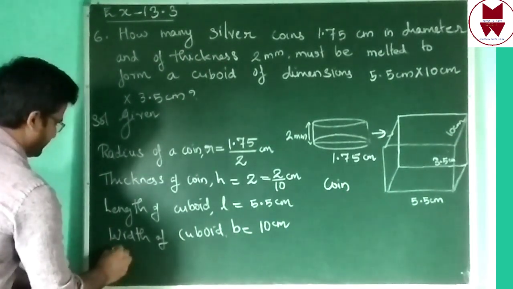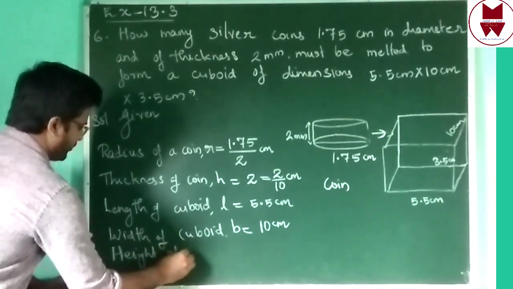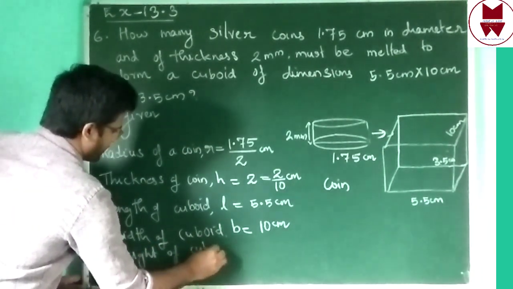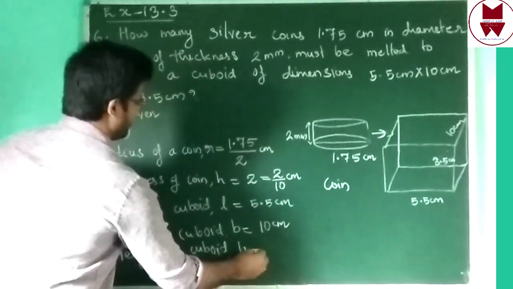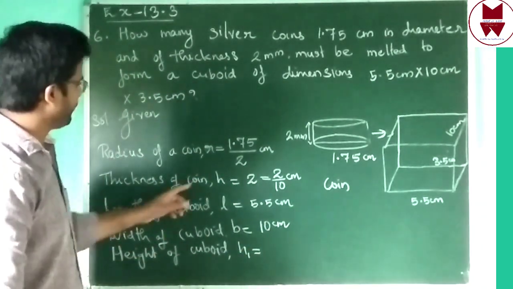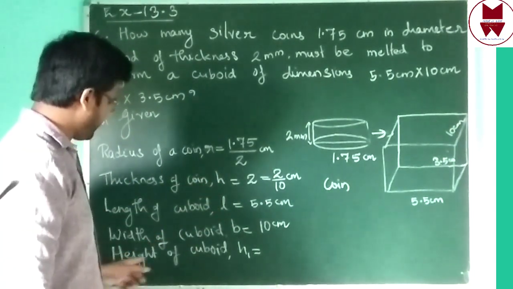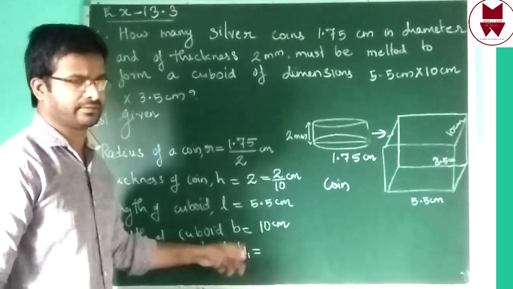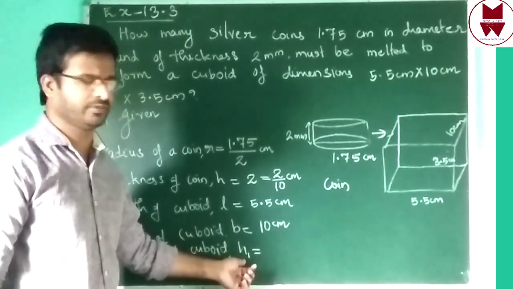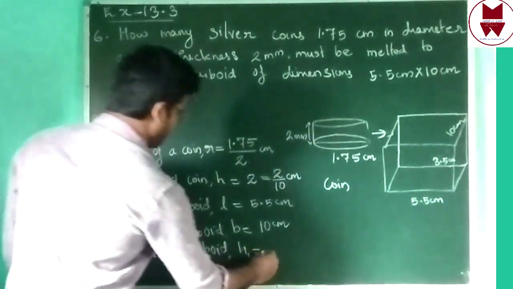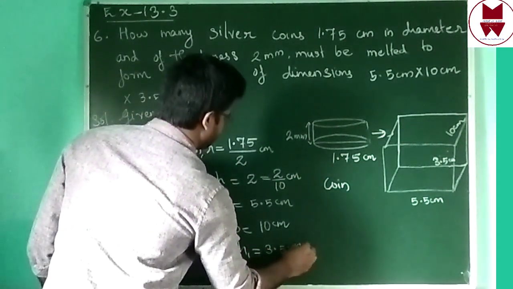The last, height of cuboid, h1. Keep in mind, we already took one h, that is the thickness of the coin. So for the height of cuboid, don't take h, give another letter. I just took h1; otherwise you can use capital H also. h1 equal to 3.5 centimeter.